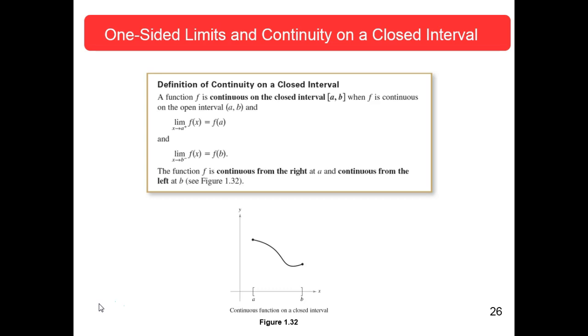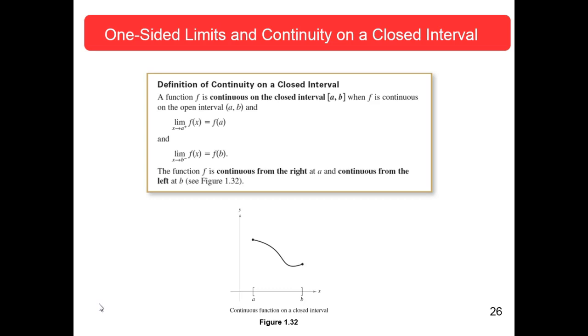When f is continuous on the open interval a to b, to be continuous on the closed interval, it has to be continuous on the open interval. And at the same time, the limit as x approaches a from the right-hand side, a being the lesser, is equal to f of a, and the limit as x approaches b from the left-hand side is f of b.